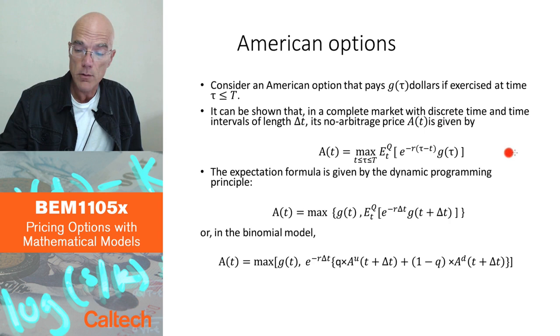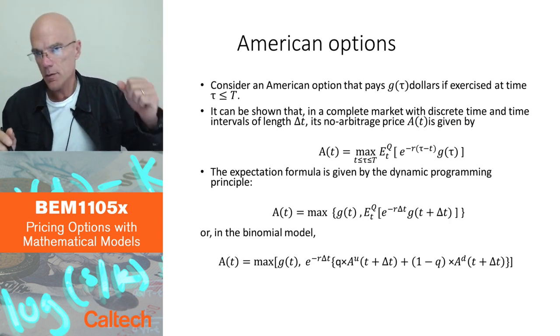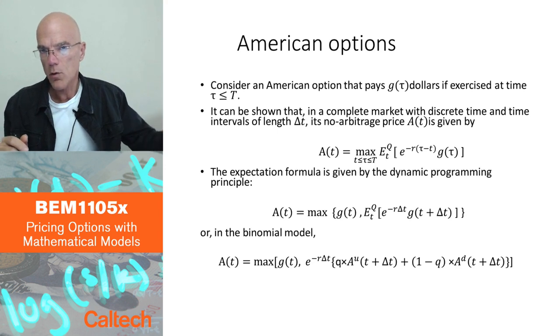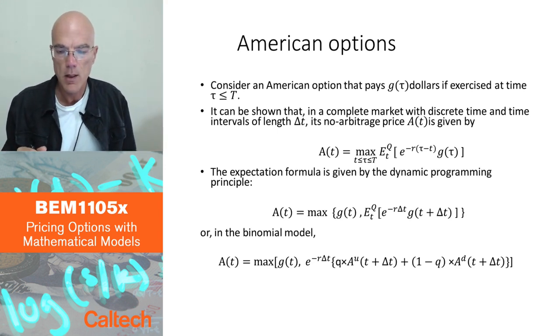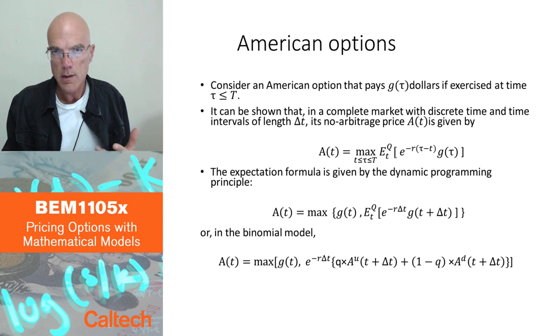Take the point of view of the seller of the option. The seller of the option doesn't know when the holder, the buyer, will exercise the option. So if he wants to be conservative and be sure that he will be able to pay off this option, he has to take the worst case scenario.